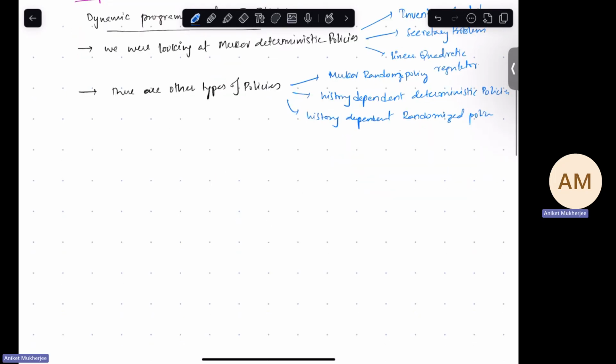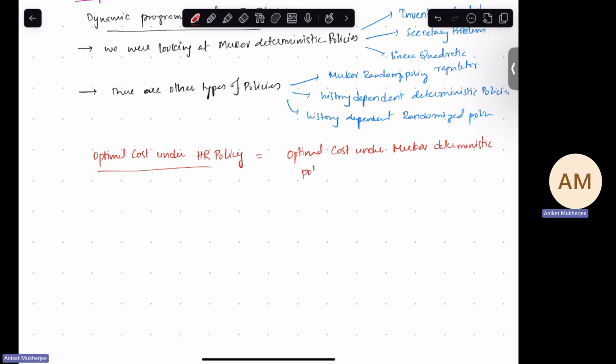So what we want to show is the optimal cost under HR policy, that is history dependent randomized policy, is equal to the optimal cost under Markov deterministic policy.